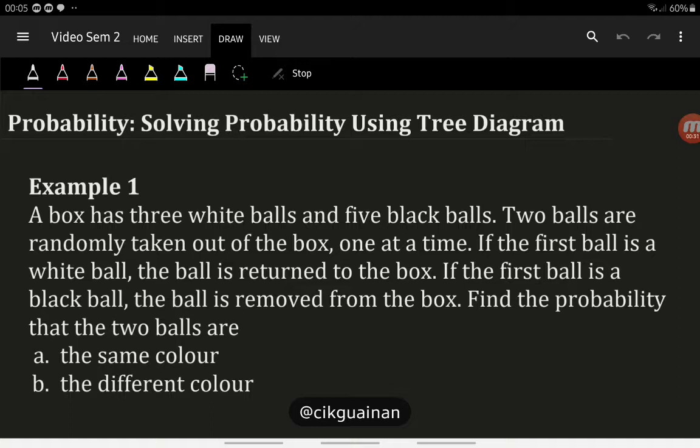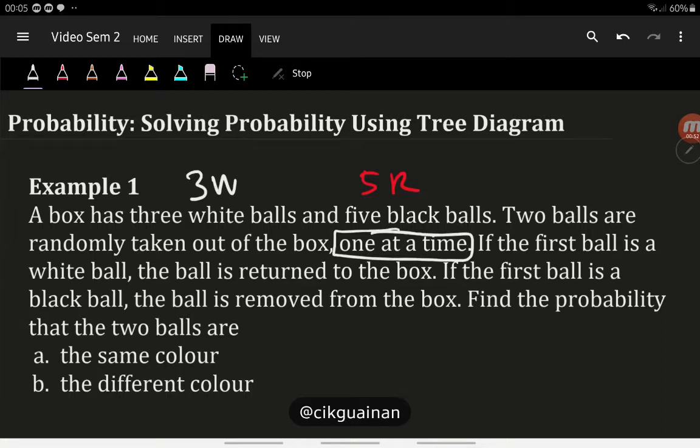What we have here is a box that has 3 white balls and 5 black balls. Maybe 3 white and 5 black. We use red, because if I use black, you cannot see it. Two balls are randomly taken out of the box, one at a time.